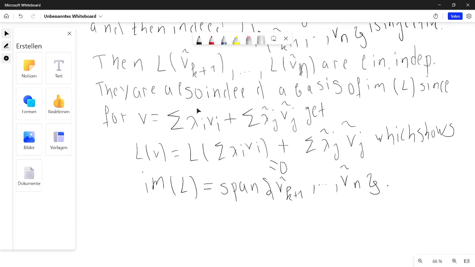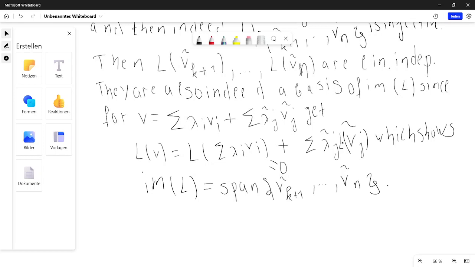Okay. And here I need a basis, because we now have shown that they also span the space. For that we have taken any element of the image, because v was an arbitrary element, and we applied the map to it, and applied linearity, and we have shown that this image is in the span of the images of these vectors.